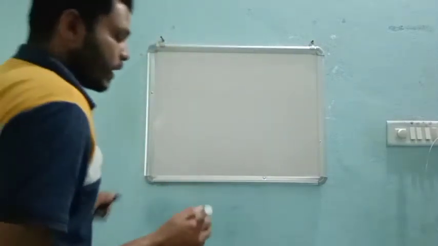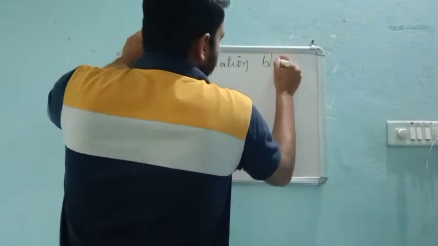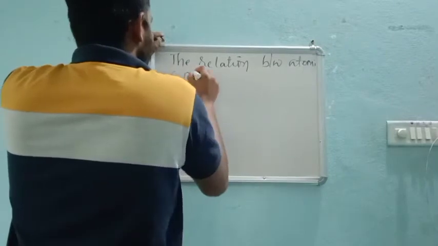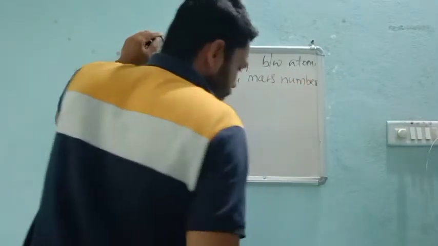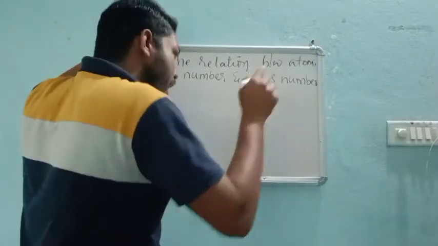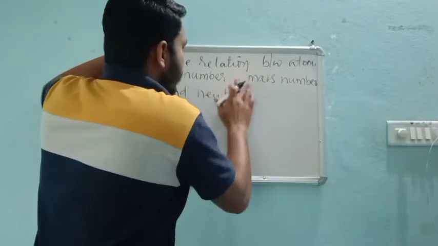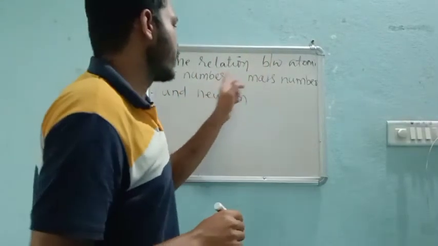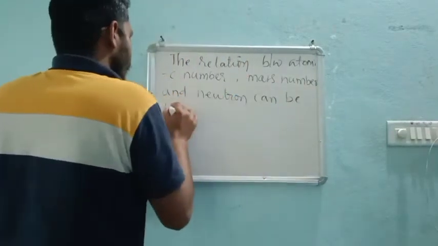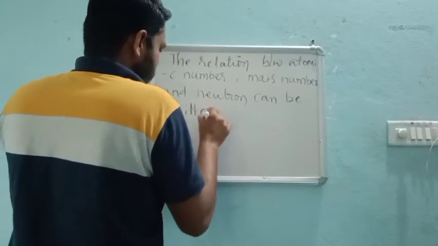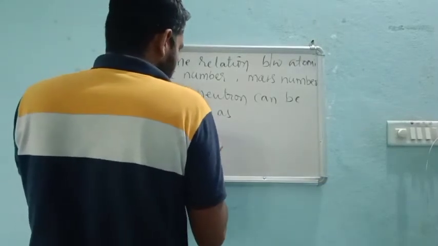For that we have the relation between atomic number, mass number and neutron number, which can be written as N is equal to A minus Z.